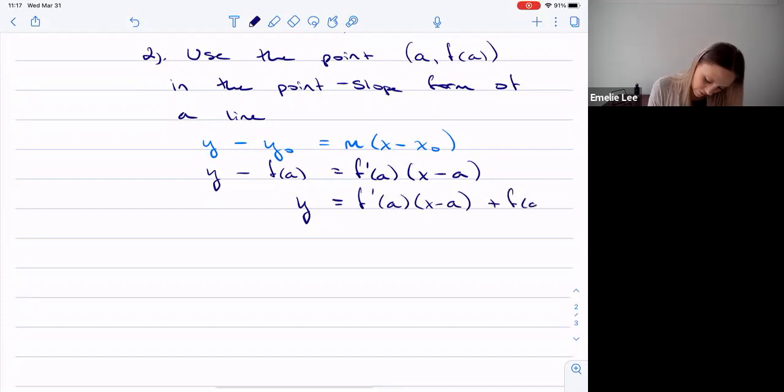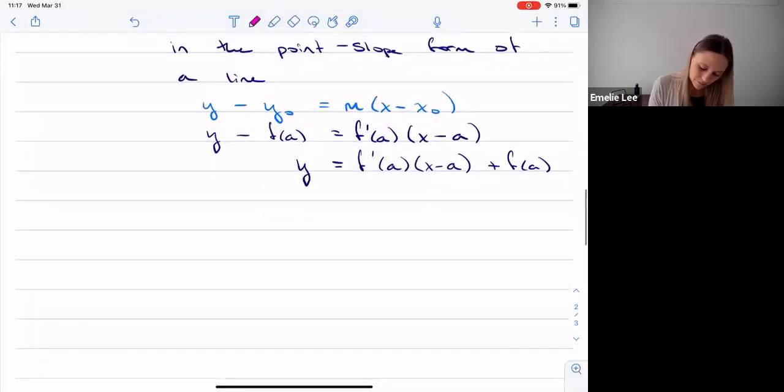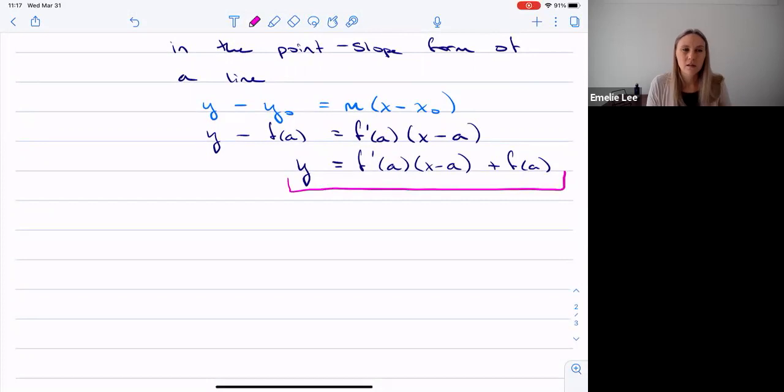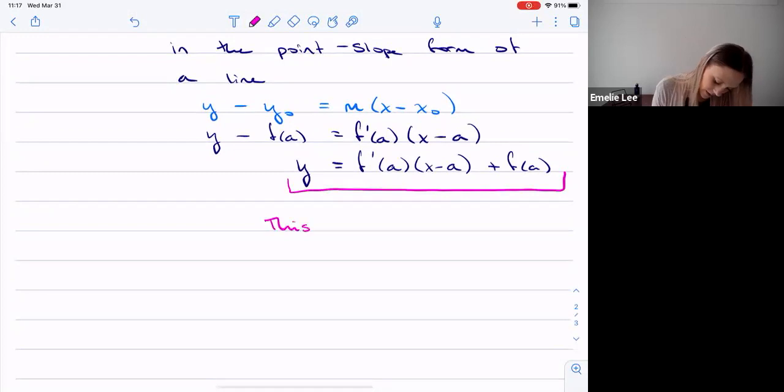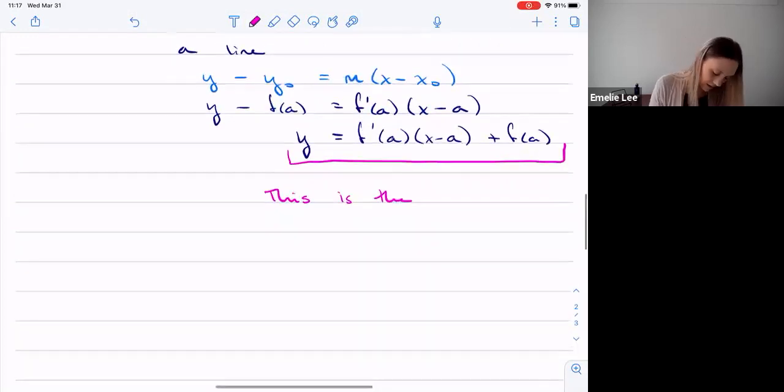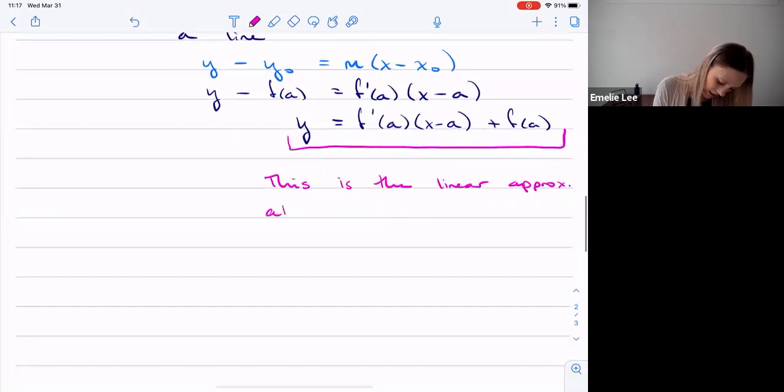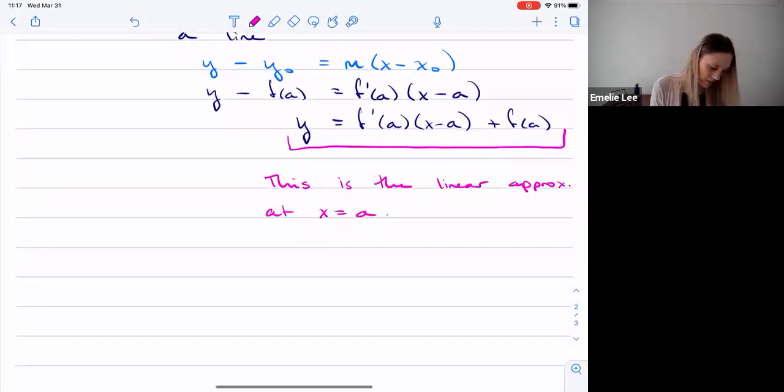And then plus f of A. What we just developed is the linear approximation at x equals A. How we're going to denote this is we call this capital L of x for linearization, or linear approximation, it doesn't matter.